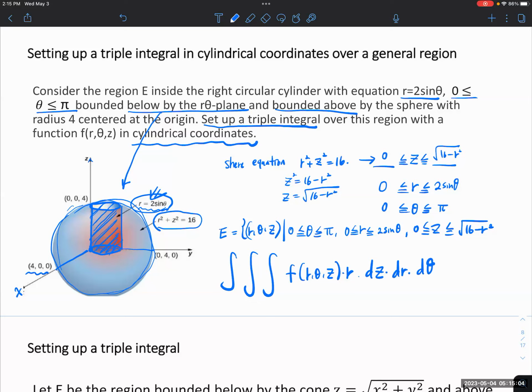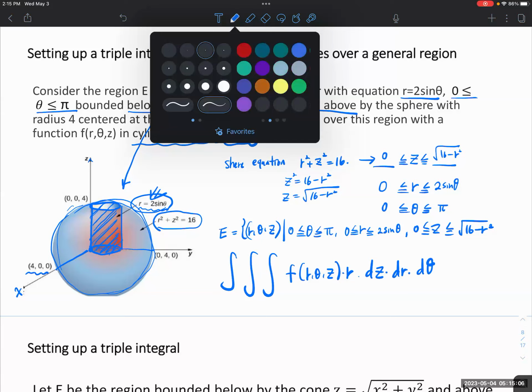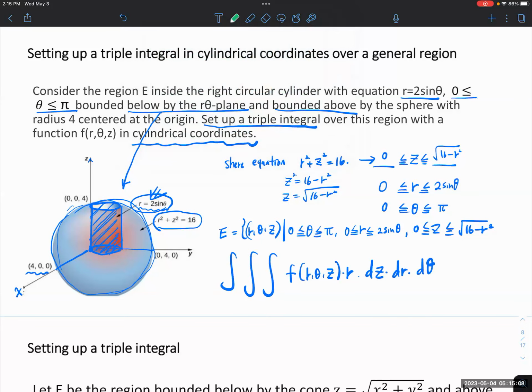And then we're going to write down the interval for z, 0 to the square root of 16 minus r squared. r, 0 to 2 times sine theta. Theta, 0 to pi. We don't know the equation of this function, so that's okay. They are not asking you to solve the triple integral. Just set up the equation. So this is your answer.